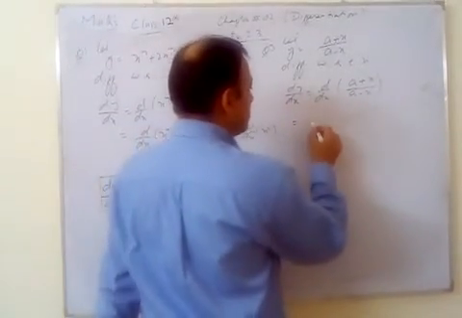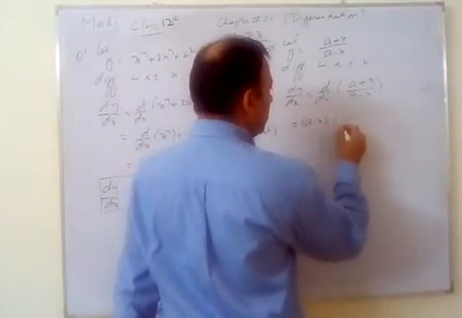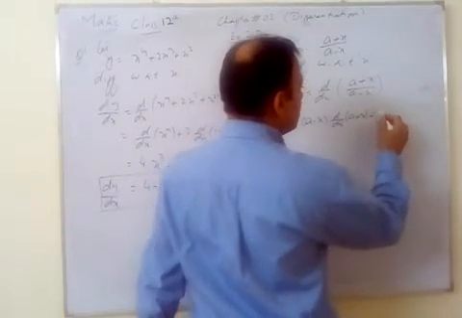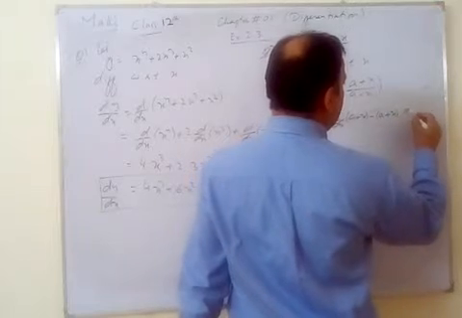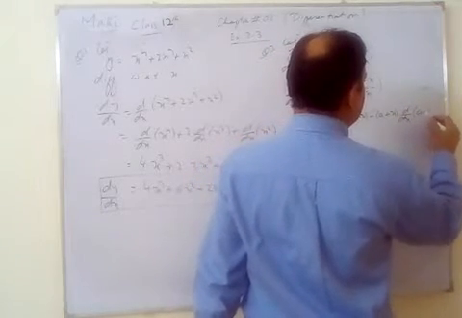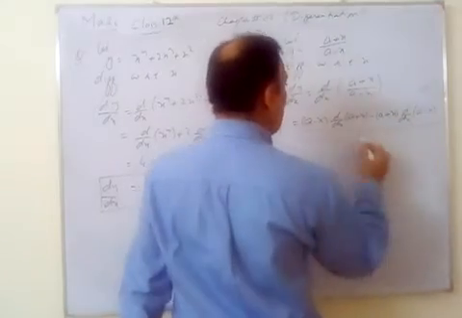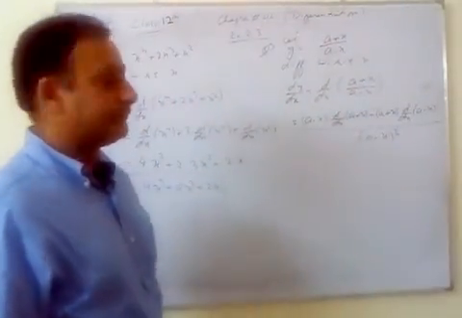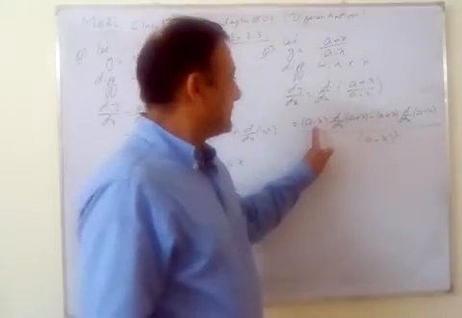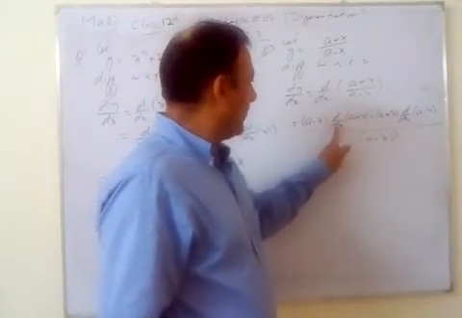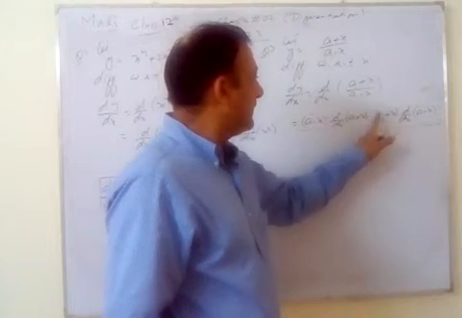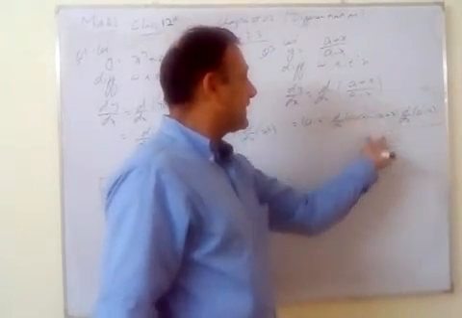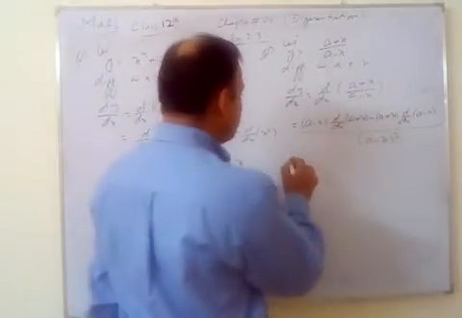Now second function, derivative of first function minus first function, derivative of second function, whole divided by a minus x whole square. Second function, derivative of first minus first function, derivative of second, whole is divided by square of second. So open this one.